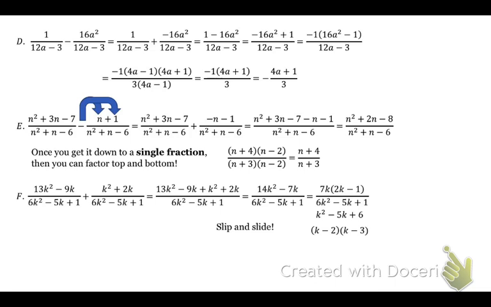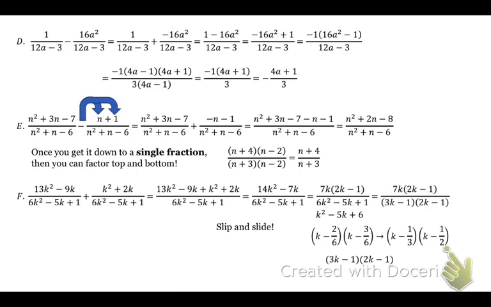Which is k minus 2, k minus 3. But we multiplied by 6 to begin with, so we have to divide to undo that. Now, 2 over 6 reduces to 1/3. 3 over 6 reduces to 1/2. Then I can move that back, so that's 3k minus 1, 2k minus 1. Now those 2k minus 1s cancel, and I'm left with 7k over 3k minus 1.